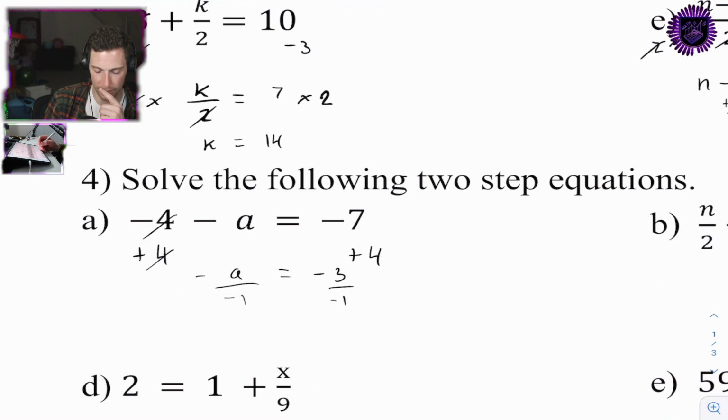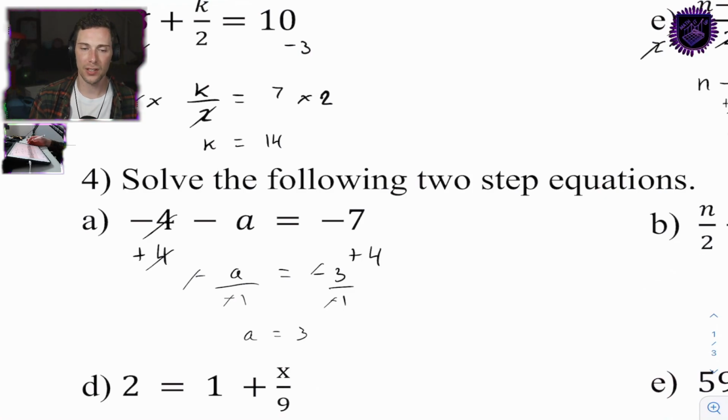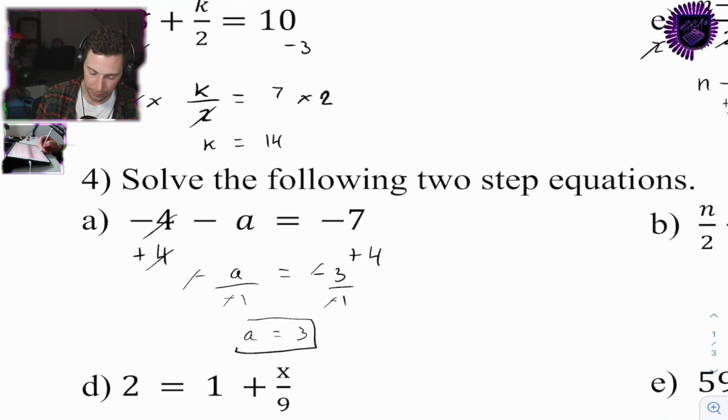Right, that's going to cancel out that negative, right? And it's just a equals 3. Any number divided by 1 is itself. You don't need to, it's just a nice trick to have. I'm going to write it down and show you, but in the future you can just skip that step and just change both sides to positive. A equals 3. Negative 4 minus 3 equals negative 7.